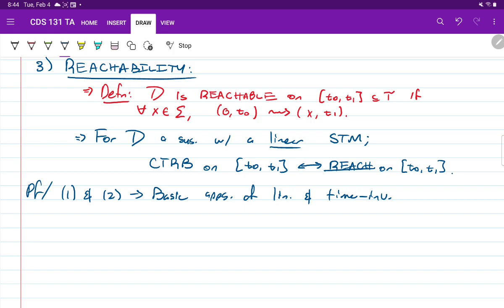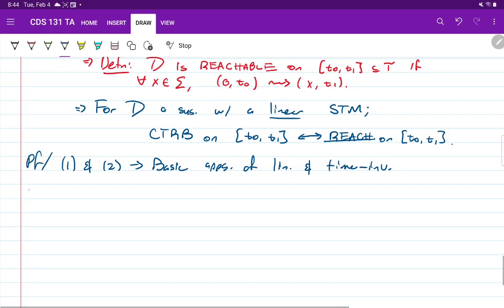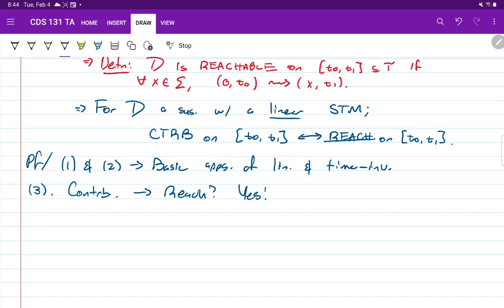Okay? So now I'm going to give you a more detailed proof of property 3, right? So property 3, what do we want to say? Well, one direction of this is a little bit straightforward. Do we have that controllability implies reachability? Well, yes. Controllability says that we can always go from x0, t0 to x1, t1.